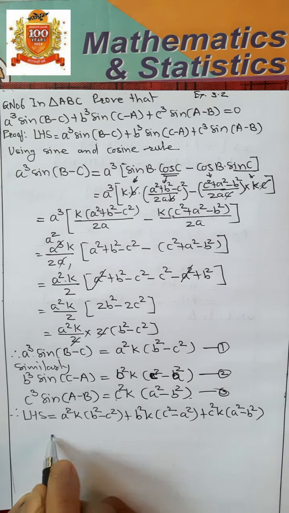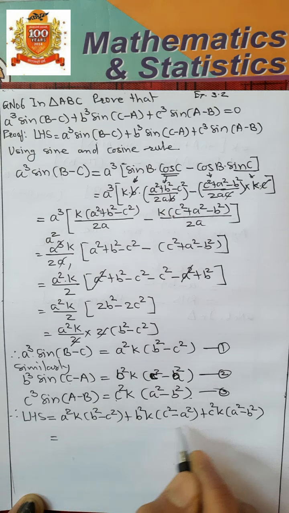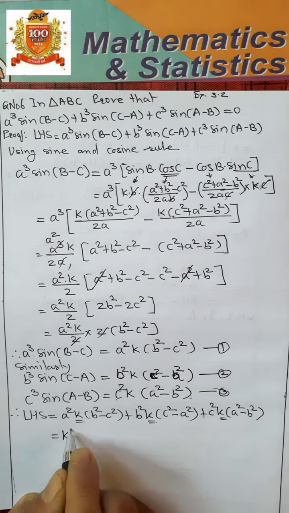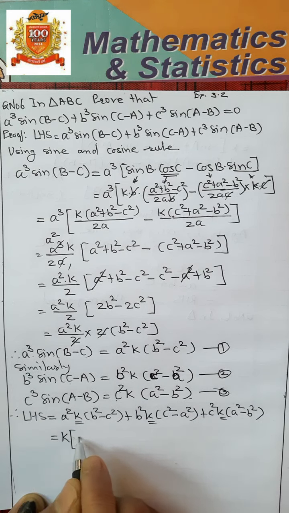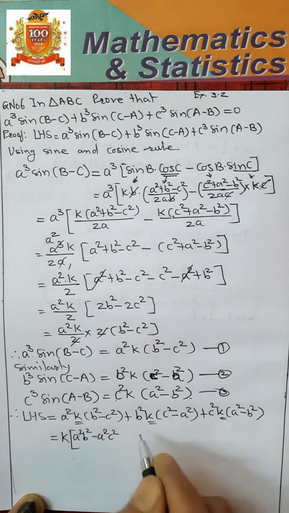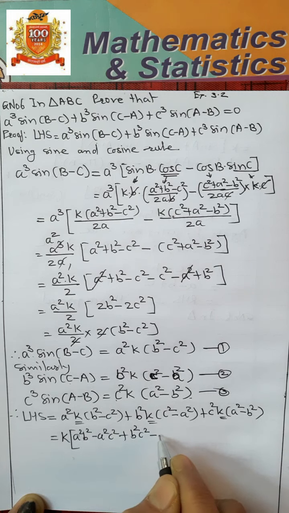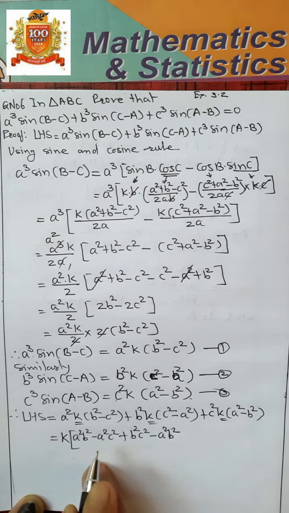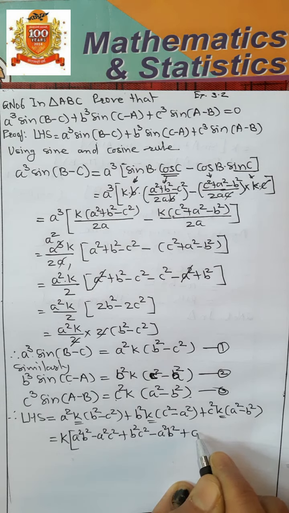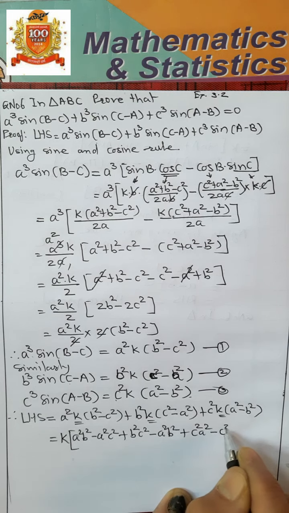What is common here? k is common everywhere. Take out k as a common. Do the multiplication. a square b square minus a square c square plus b square c square minus a square b square plus c square a square minus c square b square.